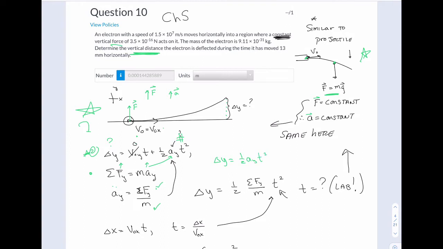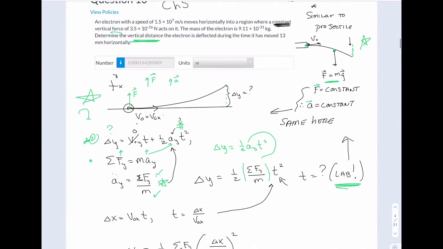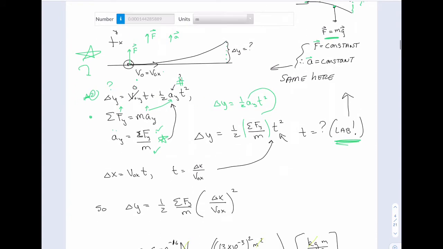Right here, I have delta y is 1/2 ayt squared. So I put in what a is, net force over m, and I need to find t. That's the same thing you did in this lab: you had to find the time it takes to hit the ground, the time it takes to fall that distance. Well, you go back to the lab.